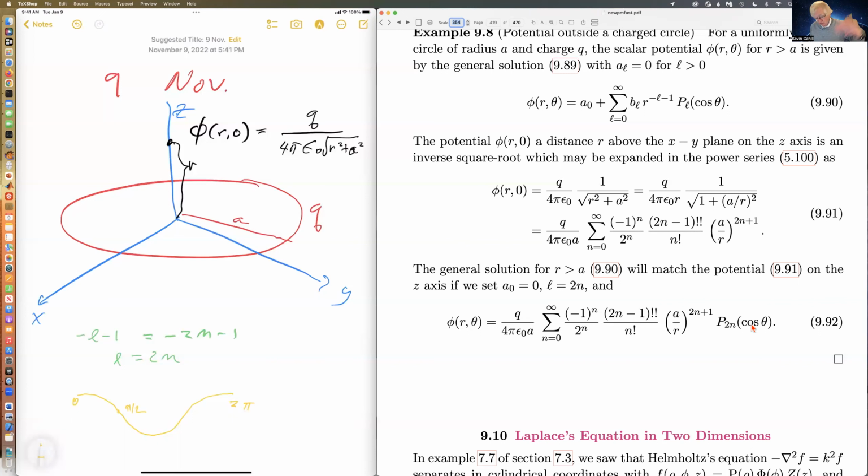And then as you go below, the cosine goes negative. It goes from positive to negative. And so you want even powers of cosine theta. And that's what you get with P2n. You get these even powers.